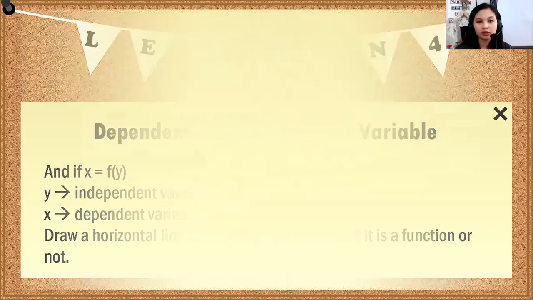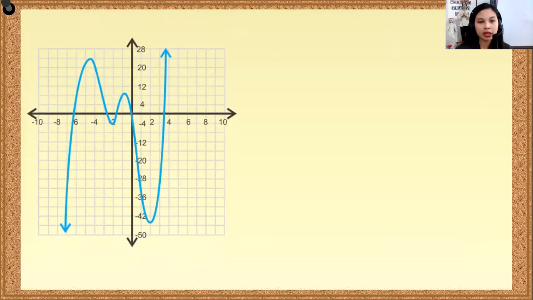Okay? So, dito may example. Ayan po. So, you will just draw a vertical line test po. Ayan po. Okay? So, pag isang beses lang kayo nakapag-intersect doon sa graph na yon, it is considered as a function.